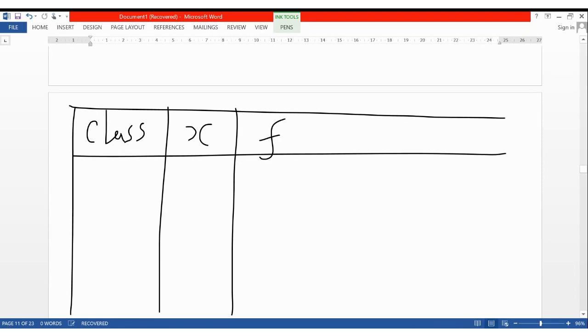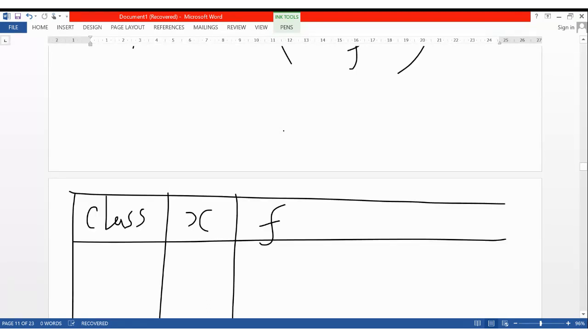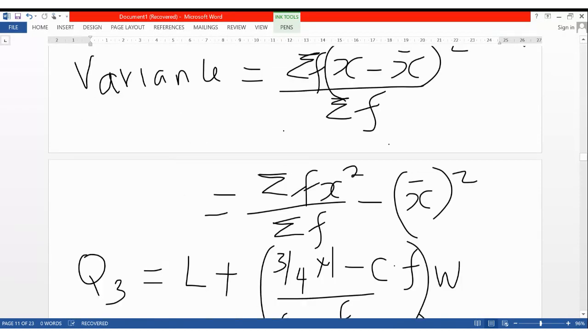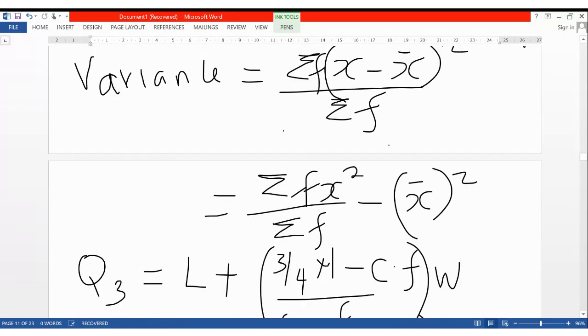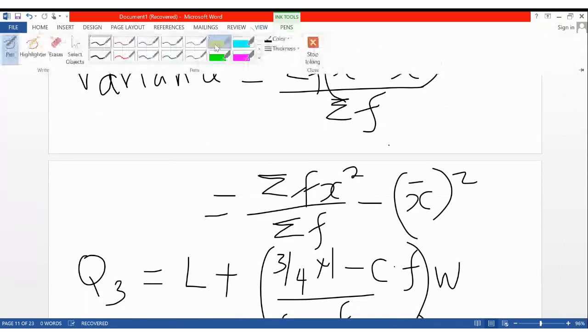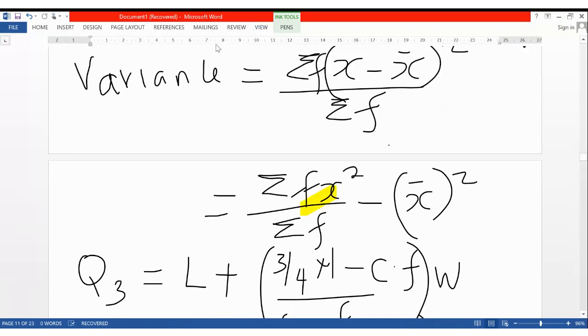Let me tell you the formula that I want to use between these two. The one that I love, but you can use any. I will use this formula I'm marking in yellow. After I get the mean, it will become much easier. So how do I get the mean? The mean is easy. If I want to get the mean, I'll have to get fx. So I need fx and fx squared.